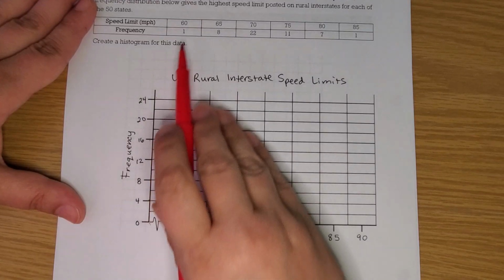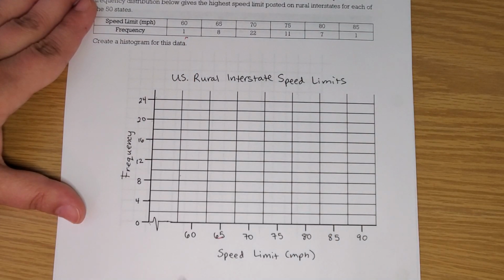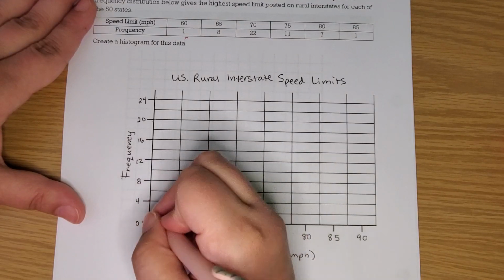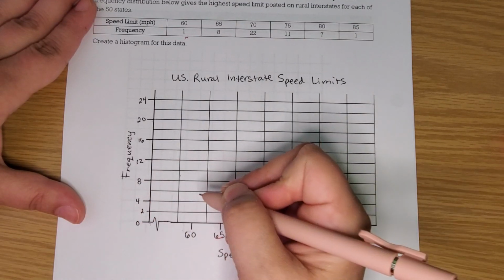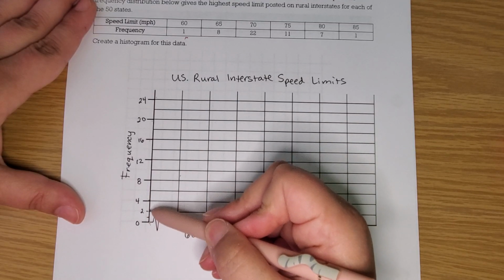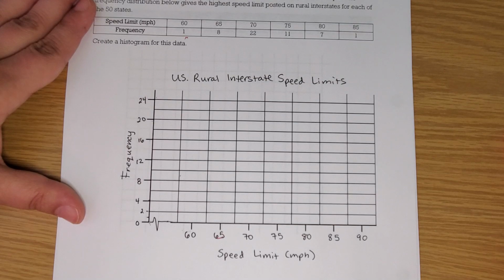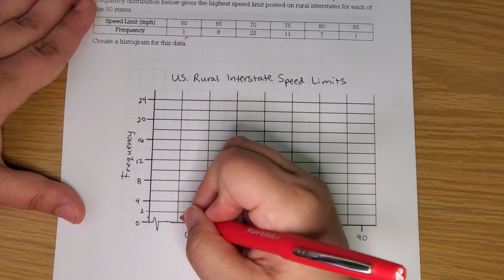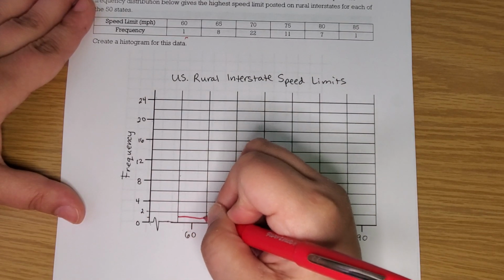The bar for 60 had a frequency of 1. So if this is 4, halfway would be 2. And so 1 is going to be halfway between 0 and 2. So when I draw the bar, it's going to go halfway. It's going to go in the middle of that space.